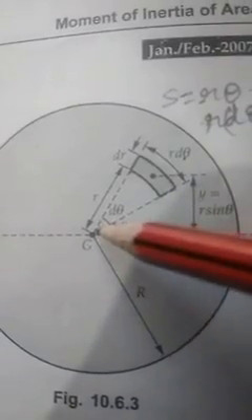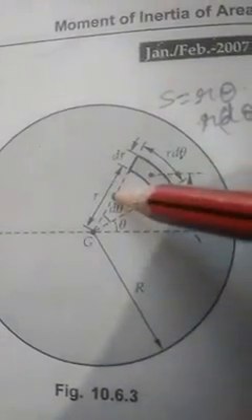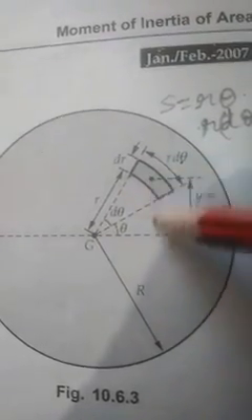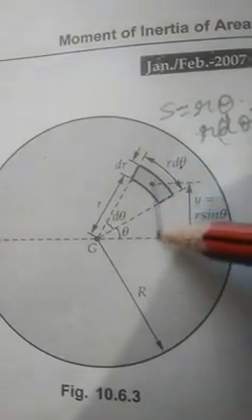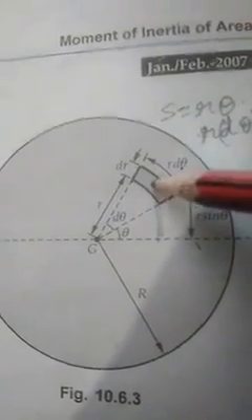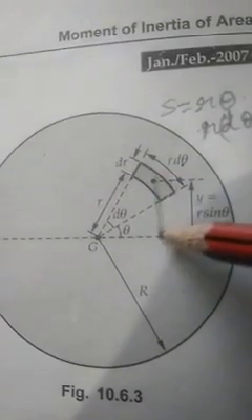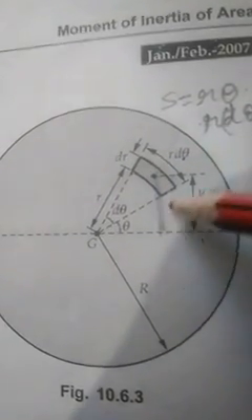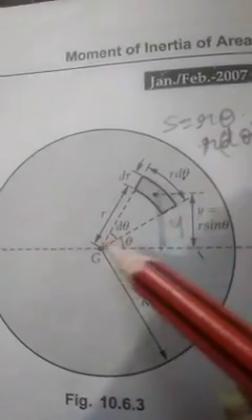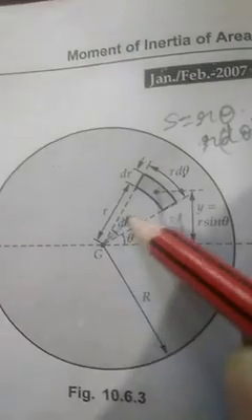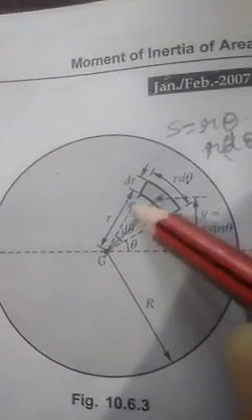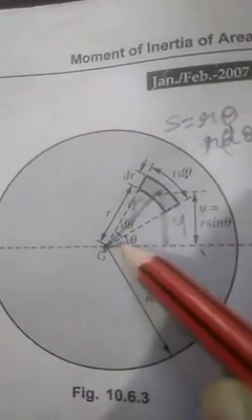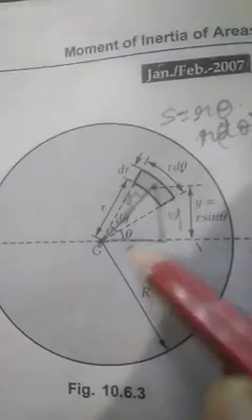The radial distance from here to here is r. If you draw another line here, that is a radial distance r, and this other distance you can call x.